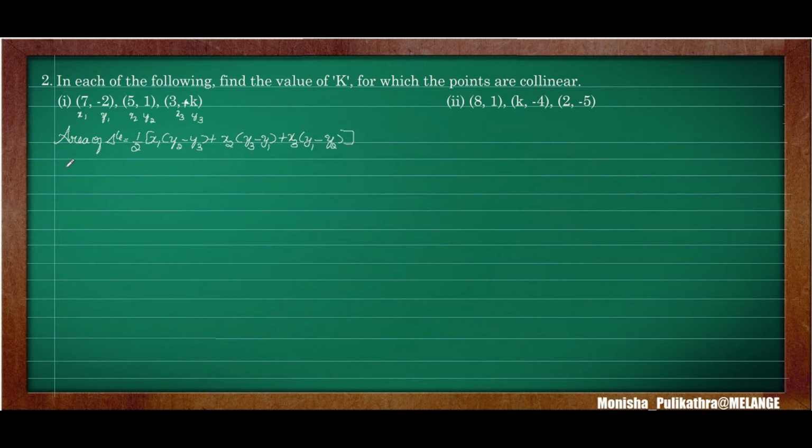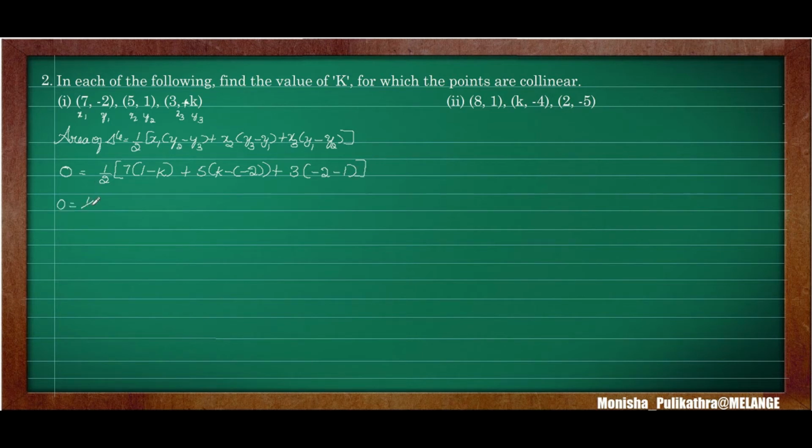Okay, then we need to substitute the values for this, but when they have asked you to find out the value of k, you need to put a 0 in the place of area of triangle. Okay, so half into x1 here it is 7 into y2 is 1 minus y3 is k plus x2 is 5 into y3 is k minus y1 is minus 2 plus x3 is 3, y1 is minus 2 minus y2 is 1.